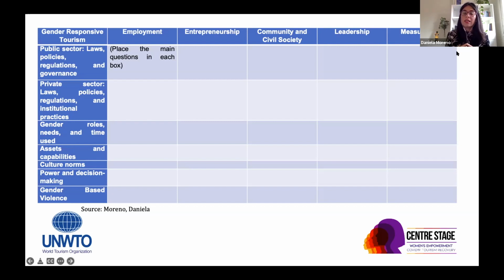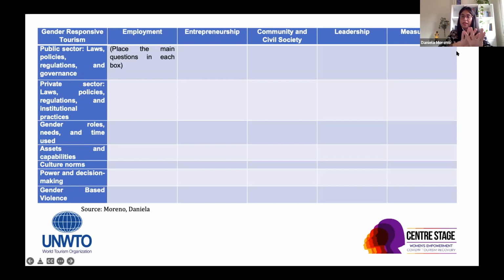So this matrix is going to be focused only on the main priorities that the national tourism strategy wants to achieve. Or maybe you are going to create this matrix based on a particular project. Or maybe you are going to base that matrix only on one type of tourism, maybe a matrix on community-based tourism, or maybe a matrix on the link between the MICE industry and tourism. So it's very flexible, the way you can create this matrix.